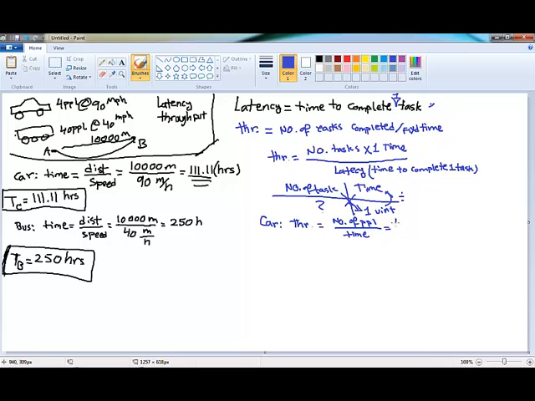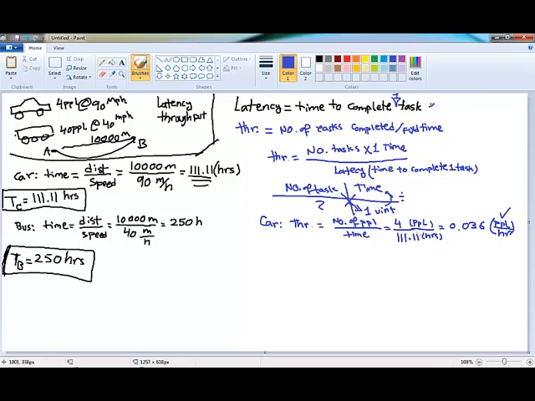So we know that it takes 4 people across the country, and it takes 111.11 hours, so it's 4 people over this many hours. So that would give me a throughput of 0.036 people per hour.